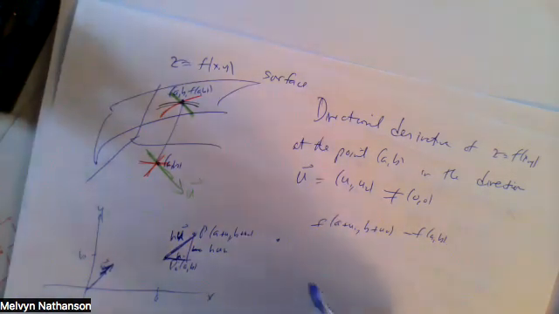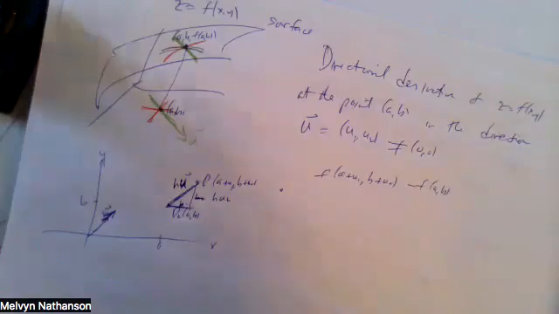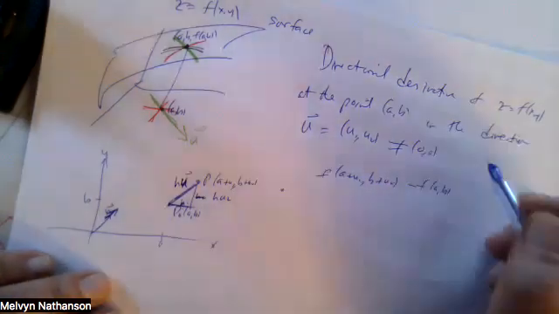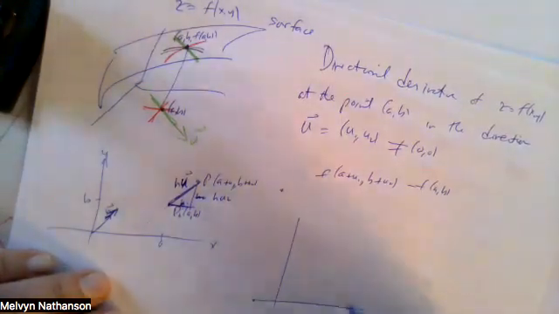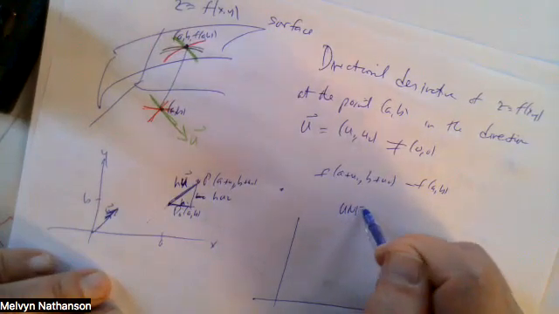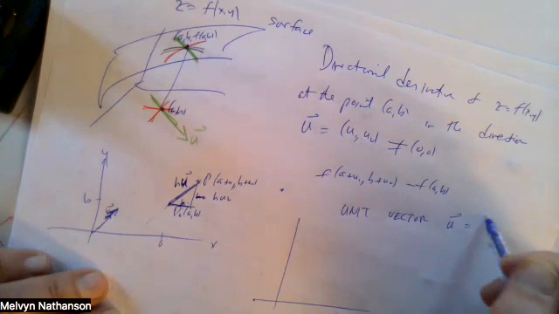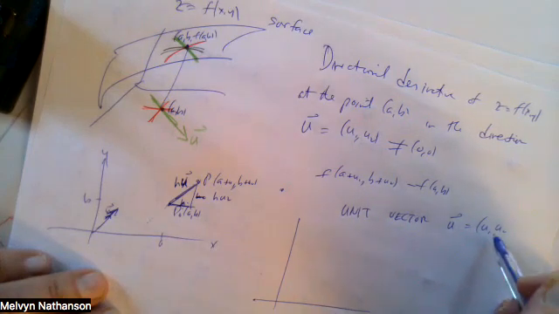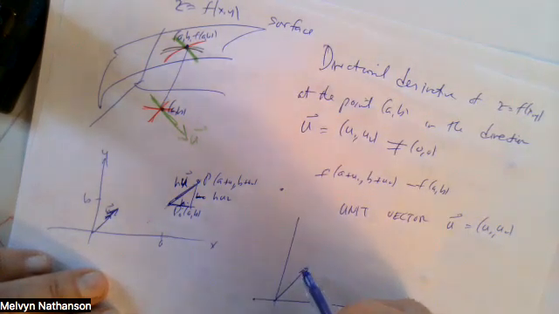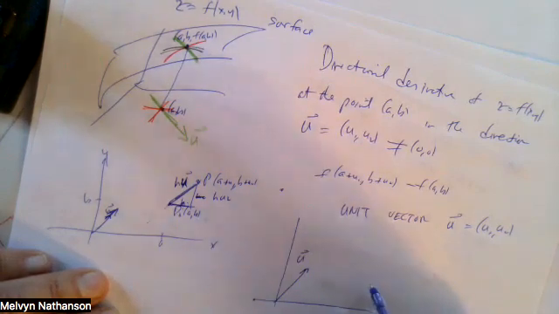So let me just say this again more carefully. So we have a direction. I want to take a unit vector u with coordinates u1, u2. That's my vector u.